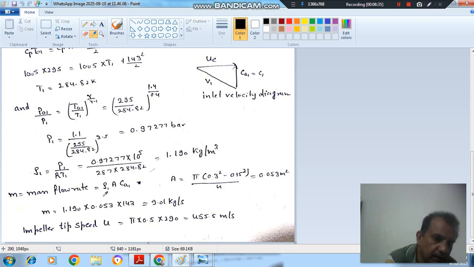And ρ1 is 1.190, A is this, and velocity is CA1, so the mass flow rate will come out as 9.01 kilogram per second. So this is the answer to the first question.